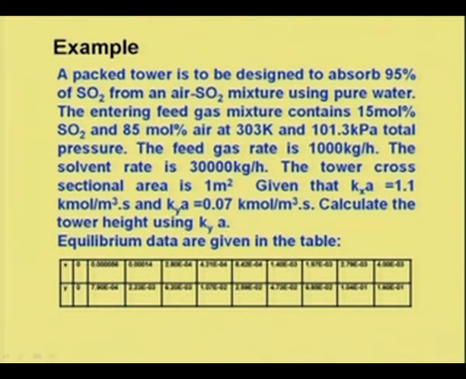The feed gas rate is given as 1000 kg per hour. The solvent rate is given as 30,000 kg per hour. The tower cross sectional area is 1 meter square, and also it is given that Kxa is 1.1 kmol per meter square second and Kya is 0.07 kmol per meter square second. We have to calculate the tower height using Kya. The equilibrium data is given in this table, X and y values are given.